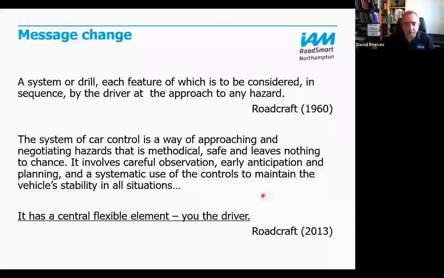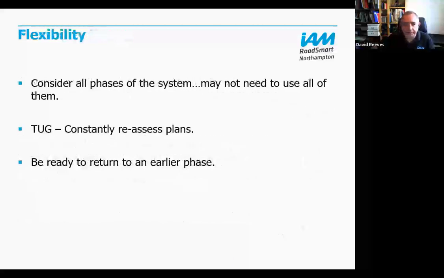It's much, much more nuanced. Eventually it says it has a flexible element. It's stressing the flexibility of it. It's no longer an absolute drill. It's about how the driver negotiates it and uses it intelligently.